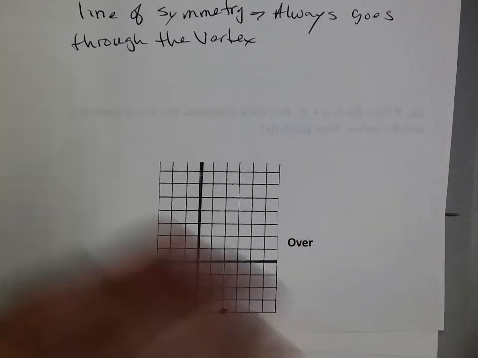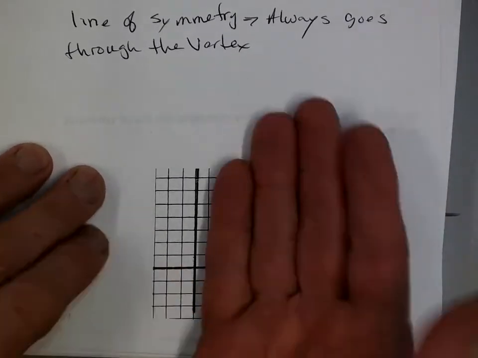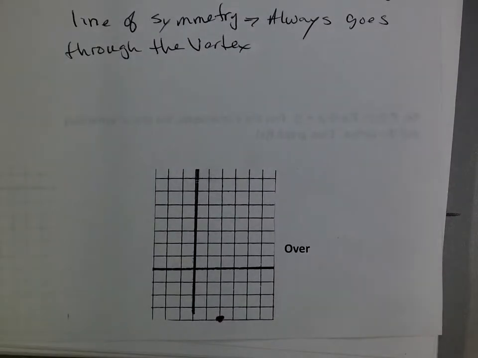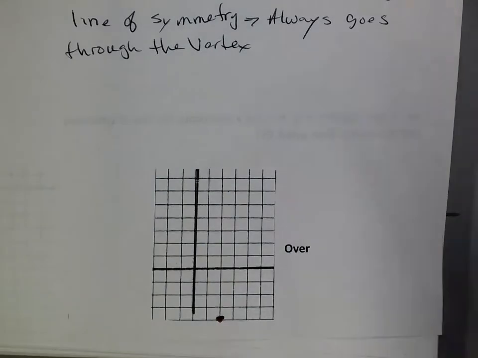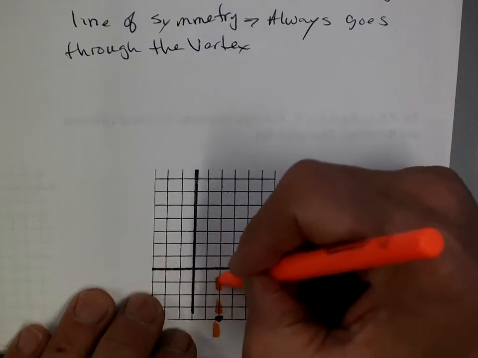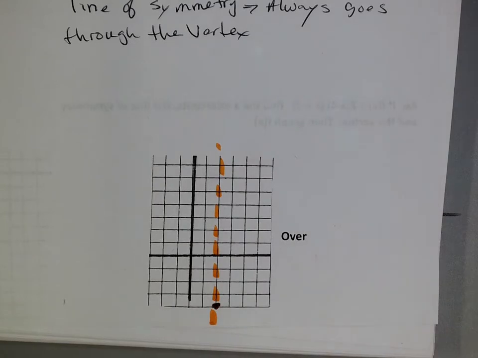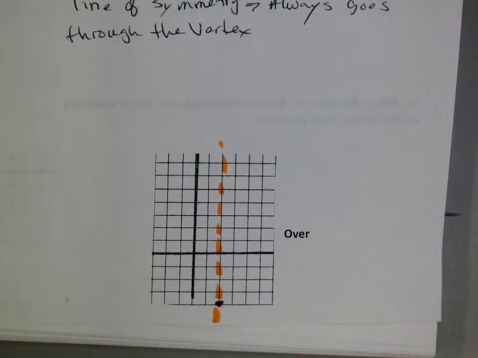So line of symmetry is that thing where it folds over, like you had half of it. So the line of symmetry is right here. That's the line we fold over. It's an invisible line. It's not part of the graph. You don't really see it, but it's there.